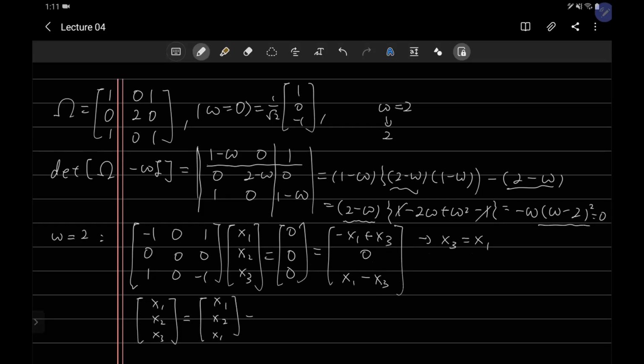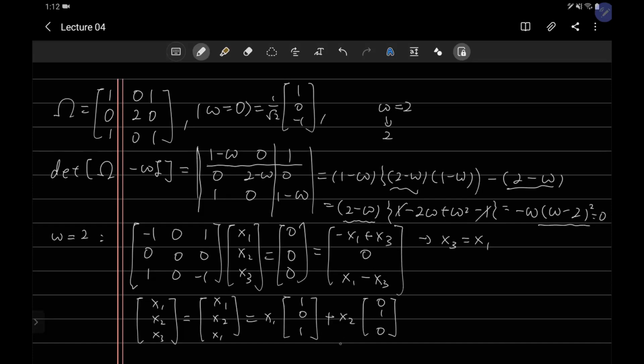So if I write it down in this way, I can also split this into a linear combination of two vectors, like this. What we have to notice is that any linear combination of these two vectors will still satisfy the original eigenvector problem.